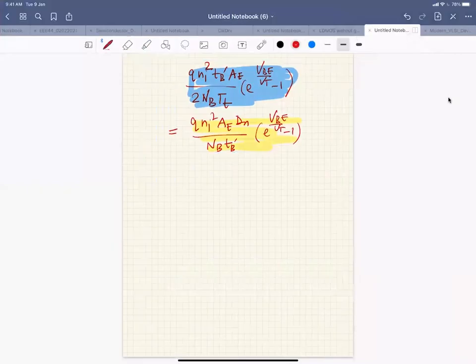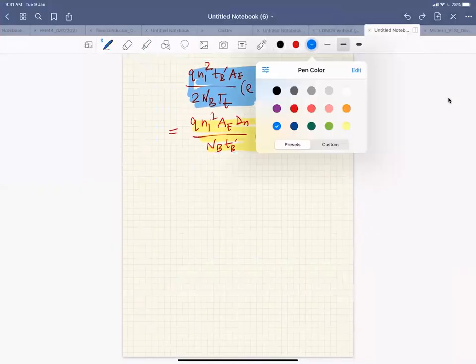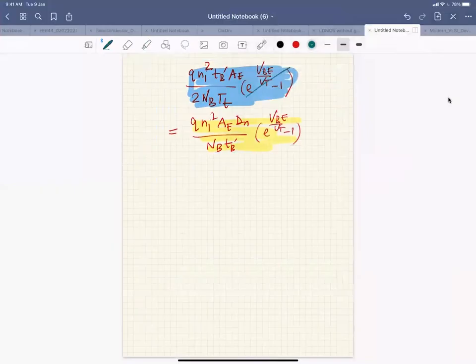So if these two are equal, then I could write Q Ni square AE and B, as TB dash by 2 TT equal to dn.